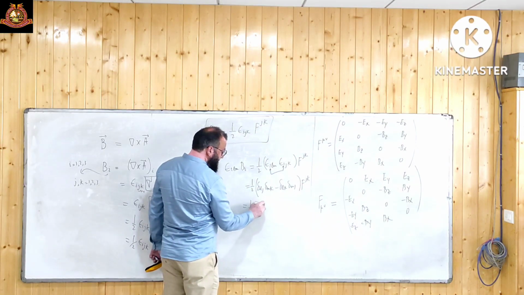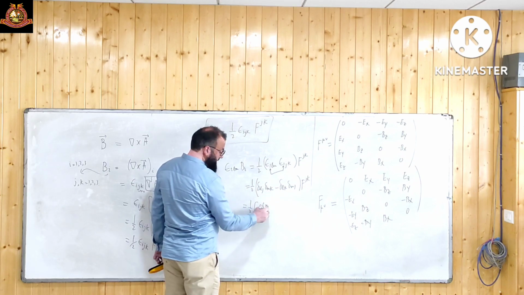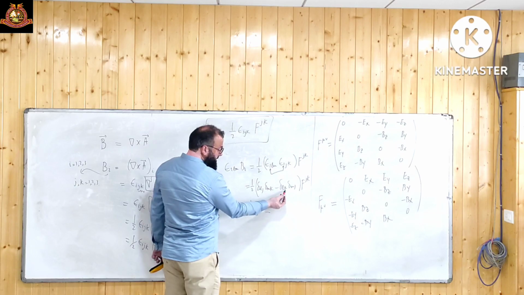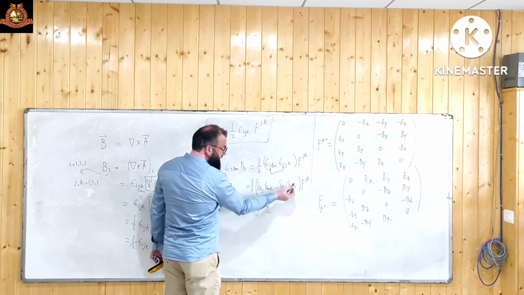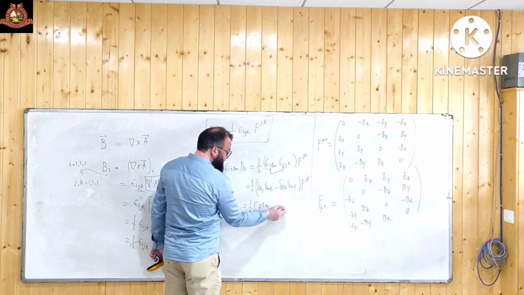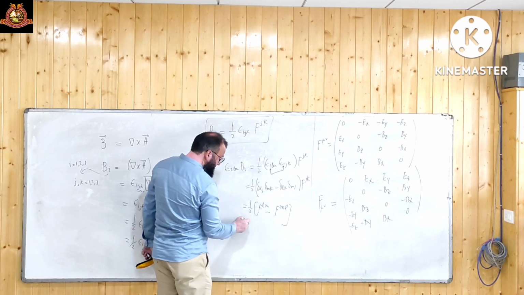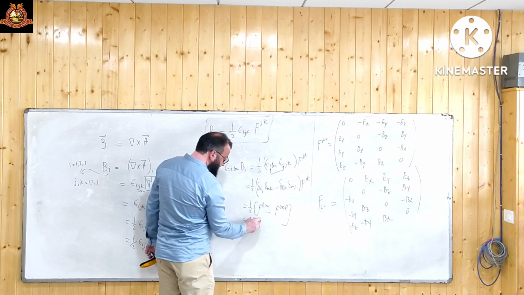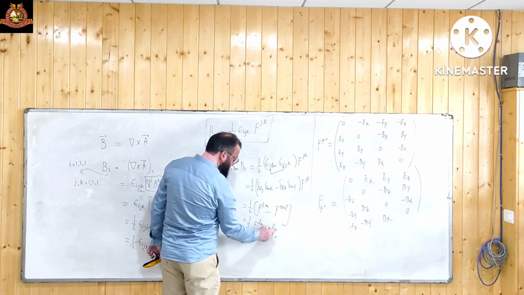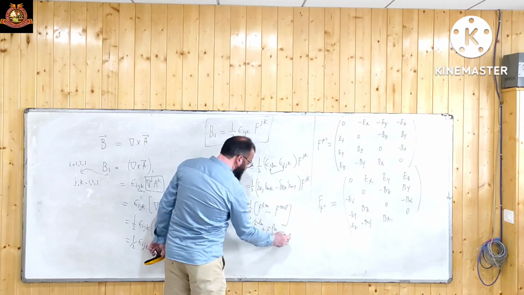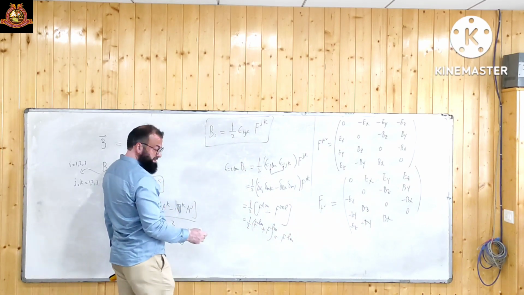So I will put j as l, k as m, because there is a sum over j and over k. Minus, you have k replaced by l, j replaced by m. It is like this. Now I know this is antisymmetric in nature, so it is something F l m plus F l m.